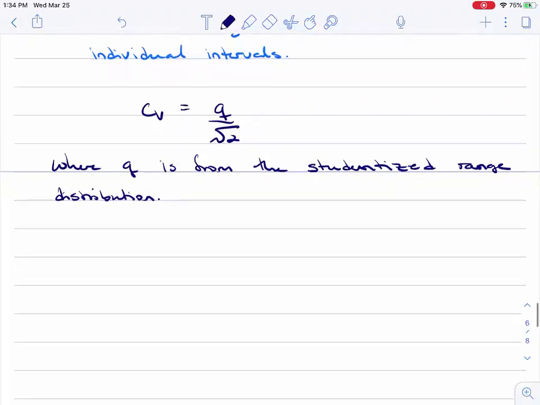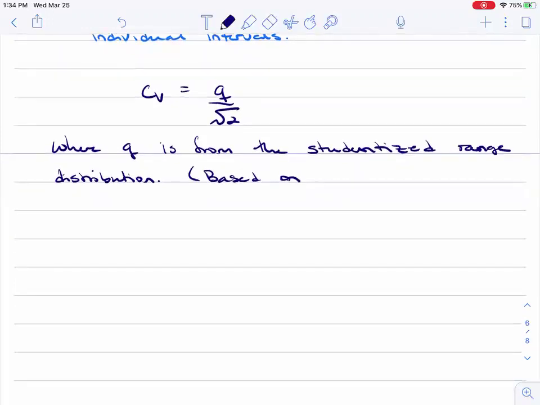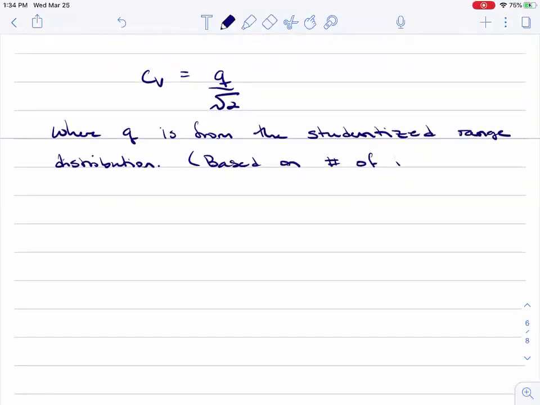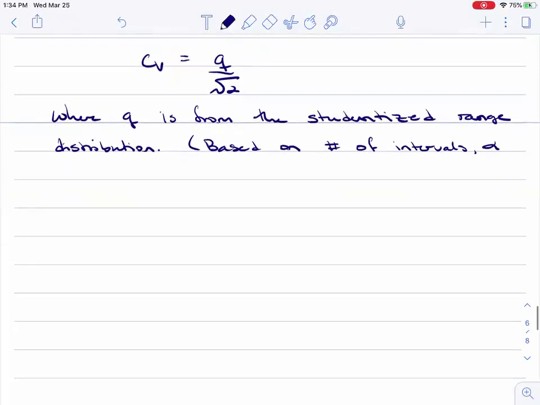And how we pick our Q is going to be based on the number of intervals or comparisons, the alpha, and of course, again, the mean squared error degrees of freedom. Okay. So that's where that Q is going to come from.